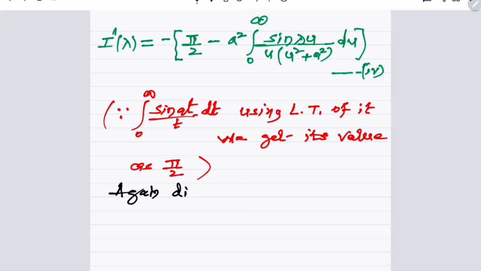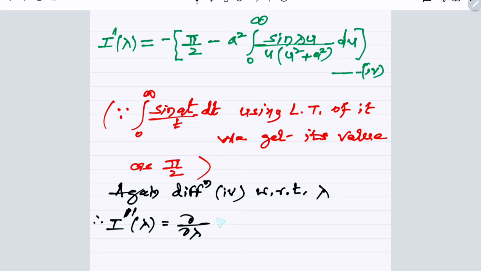Then again differentiating equation 4 with respect to lambda, we get I double dash of lambda, dou by dou lambda of the right hand side of equation 4.